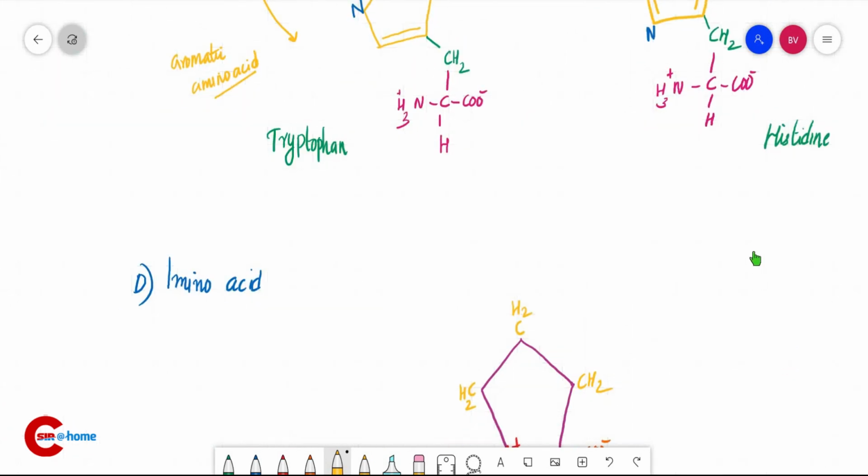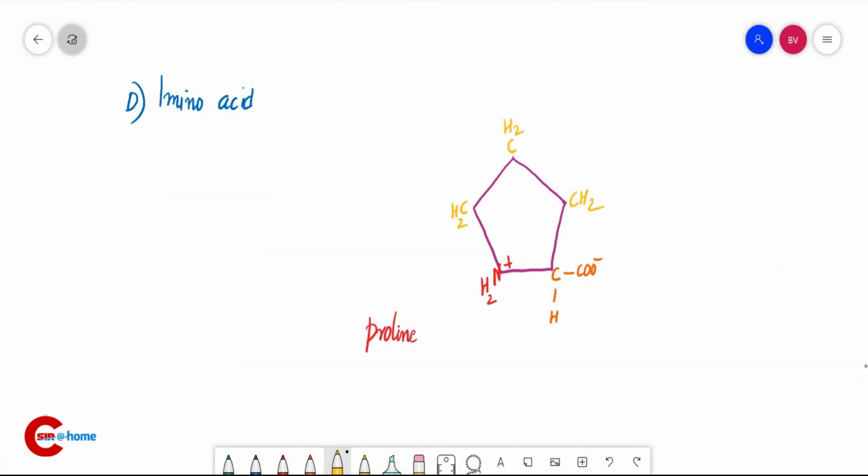Then this amino acid is a special one. Proline. This proline contains pyrrolidine group. Here, this one contains a secondary amino group.